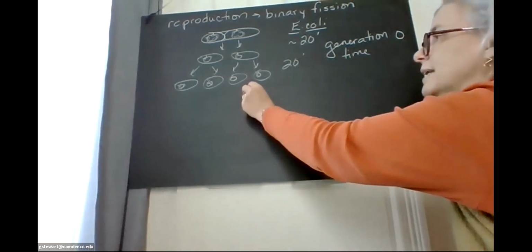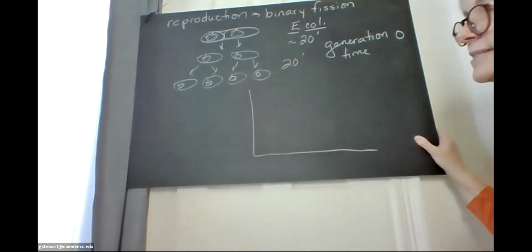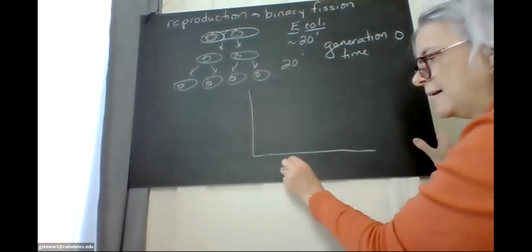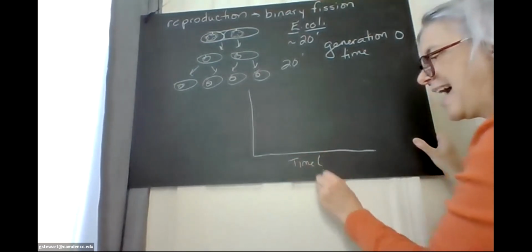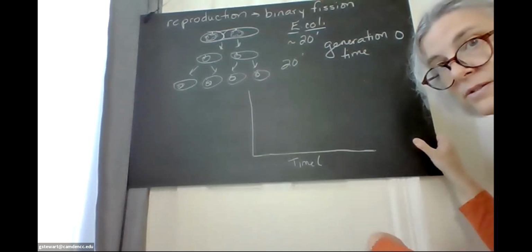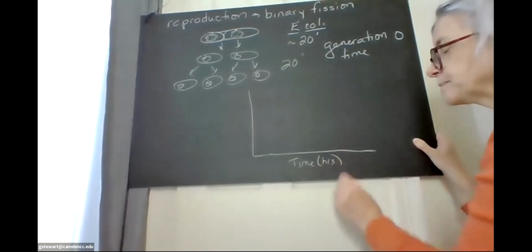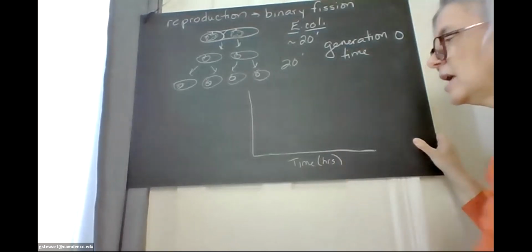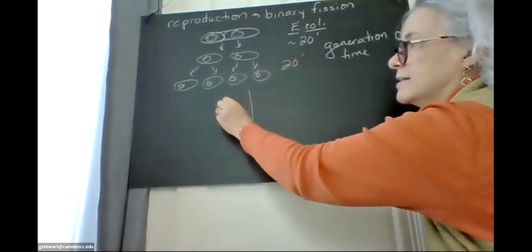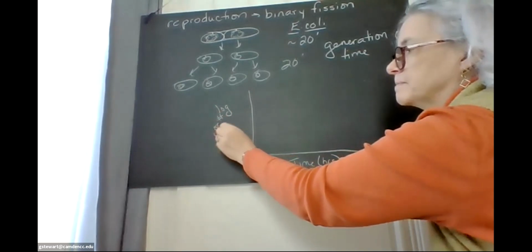So we can count the bacteria, and we can plot them on, as I said, what we call the bacterial growth curve. And time is on the bottom of the x-axis. So that would be the independent variable, right? And we usually do this time in hours, not minutes, hours. And then on the y-axis, we plot the log number of bacteria.